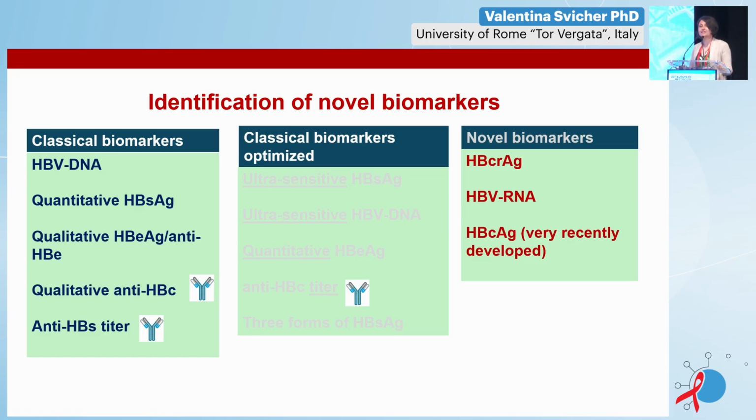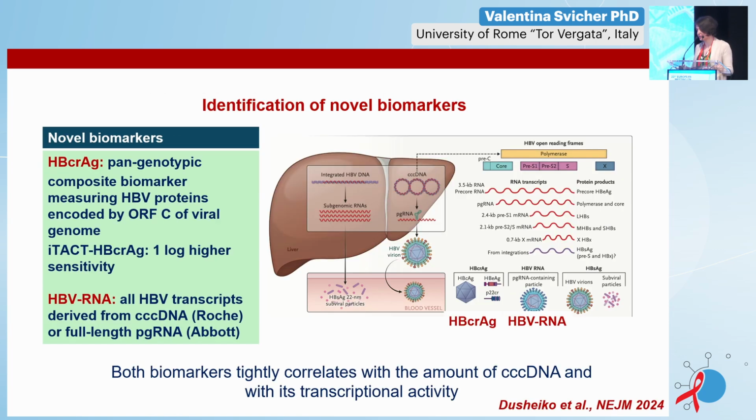On the other hand, this enlargement has led to the de novo development of biomarkers. And as you can see in this slide, this is the case of correlated antigen and HBV RNA, even if further additional biomarkers are under development. What are correlated antigen and HBV RNA? Correlated antigen is defined as a pangenotypic composite marker. Pangenotypic since its quantification is not affected by the genetic backbone of HBV genotypes.